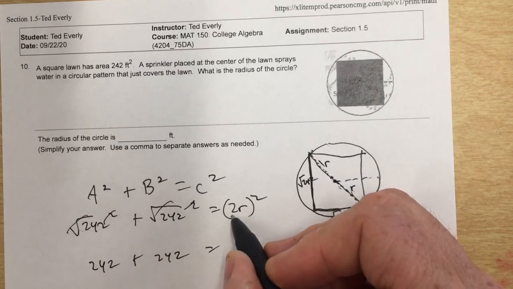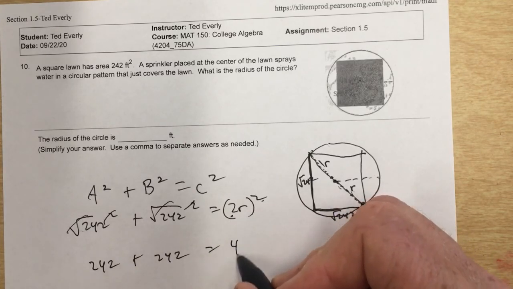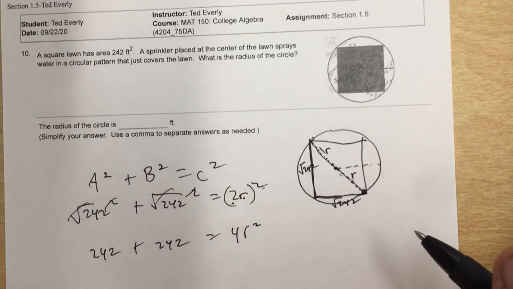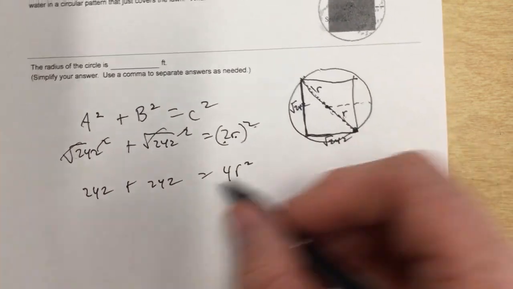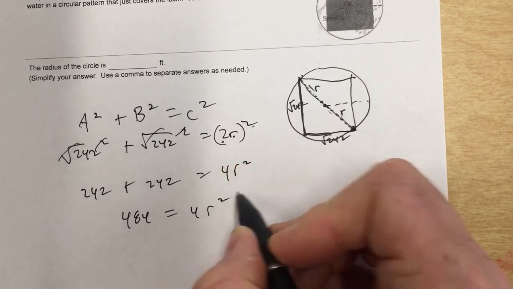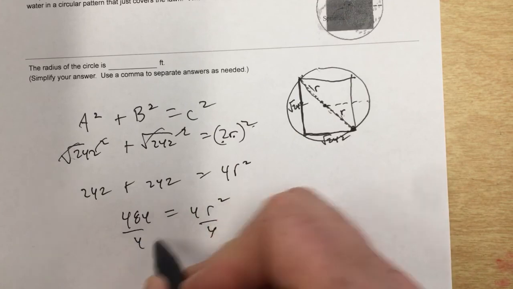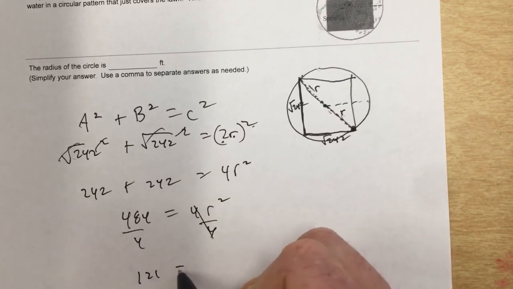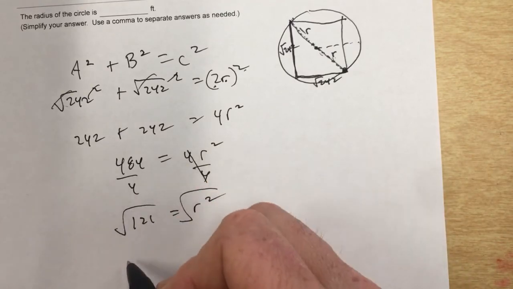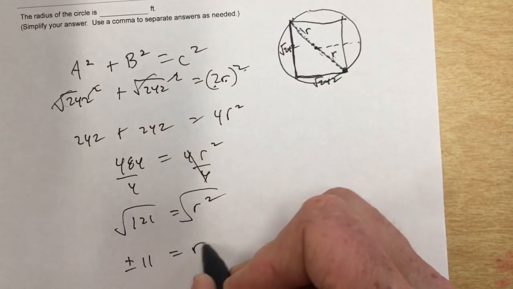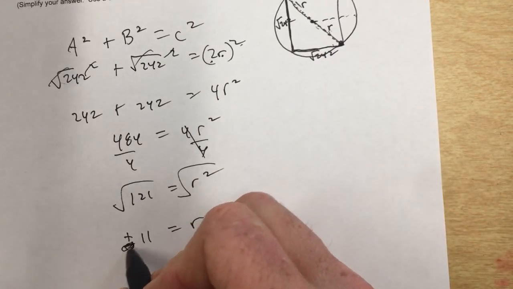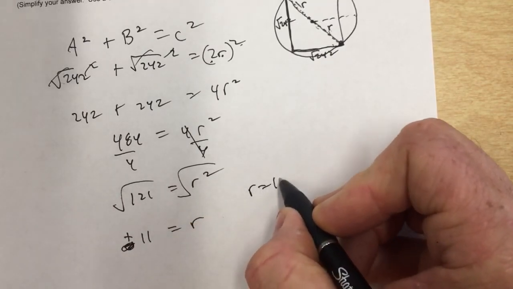And then I square this, so it's going to be 2 squared, which is 4, and r squared. Okay. And now that's going to be 484 equals 4r squared. And we'll divide by 4 on both sides. So 121 equals r squared. If I do the square root, I get plus or minus 11. But now we can't have negative 11 distance, so the negative's out. It's just 11. The radius is 11.